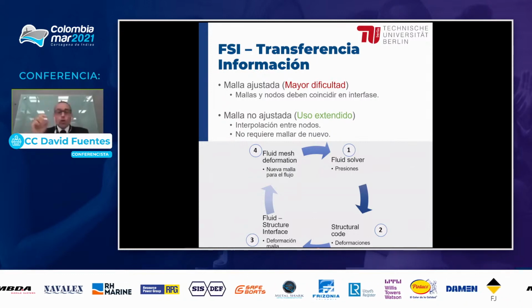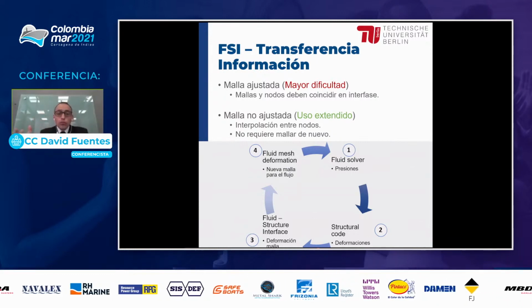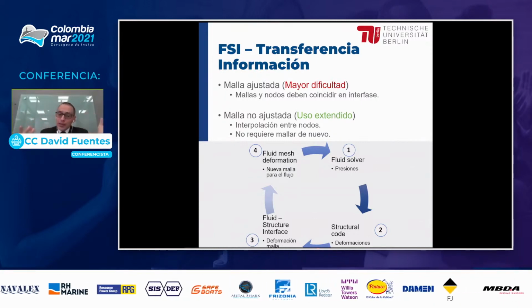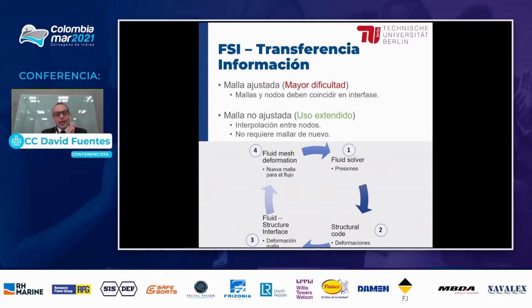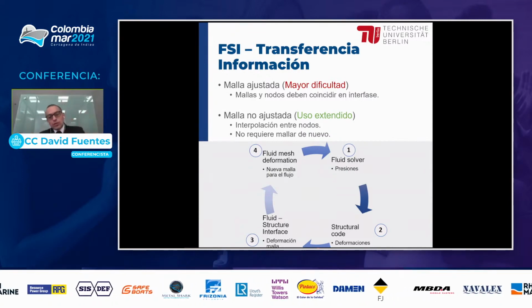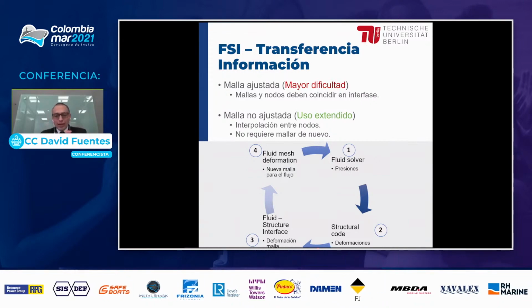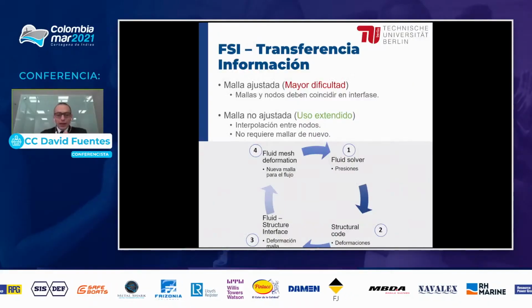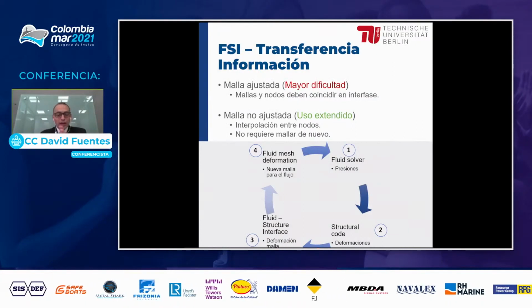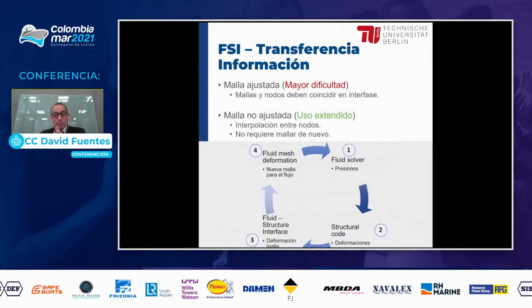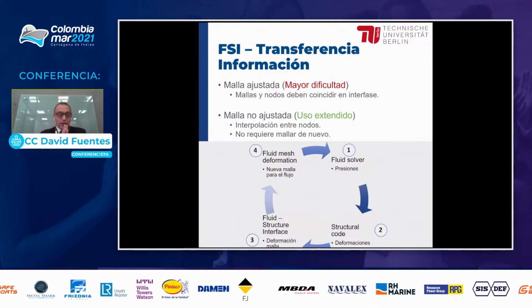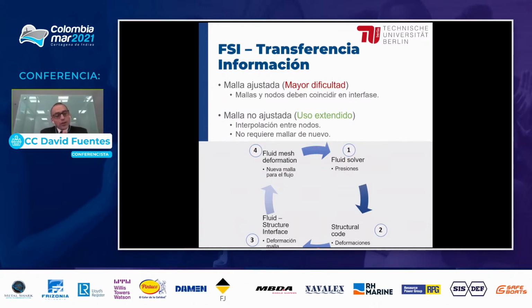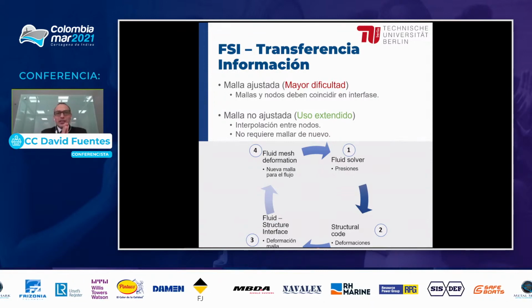So in the bottom part of the slide, you can see what's happening in the fluid-structure interaction. In the boundary of the fluid, pressures are estimated, and these pressures are taken to the structural code. In this code, we're going to have node displacements, and in the structural component, we'll have deformation.